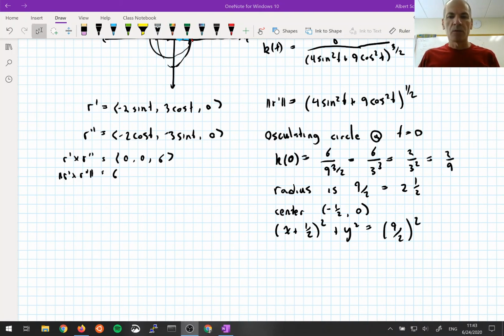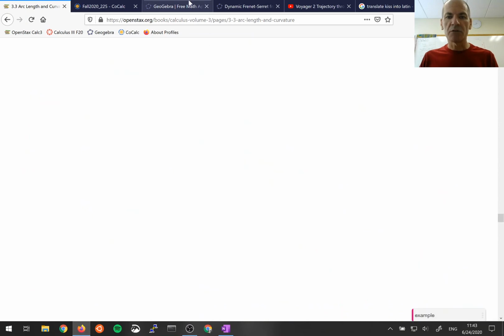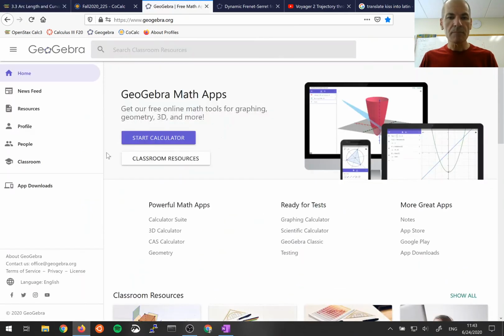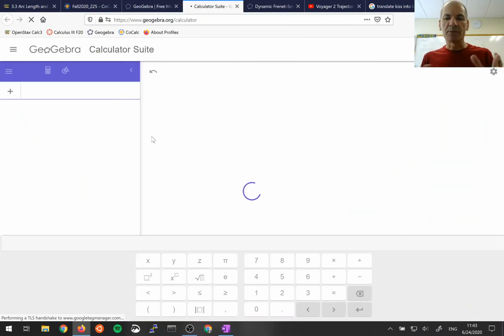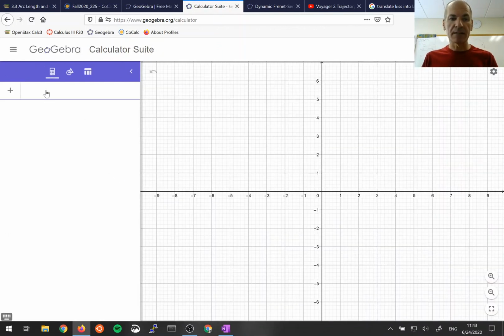Okay, it wouldn't be a lesson without a bit of visualization, so let's go over and confirm that this is the osculating circle by looking at a visualization in GeoGebra. This is a 2D problem mostly, even though we've tacked on that extra z coordinate for the cross product. So we'll run the 2D version of the graphing calculator in GeoGebra, and let's first get the ellipse.